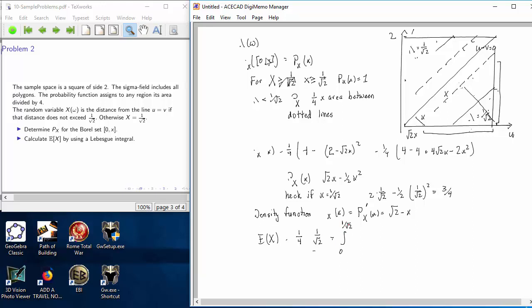I integrate over all values from 1 over root 2, x times the density function, root 2 minus x, and that's going to give me 1 over 4 root 2 plus the antiderivative here is x squared over root 2 for the first term minus x cubed over 3 from the second term.